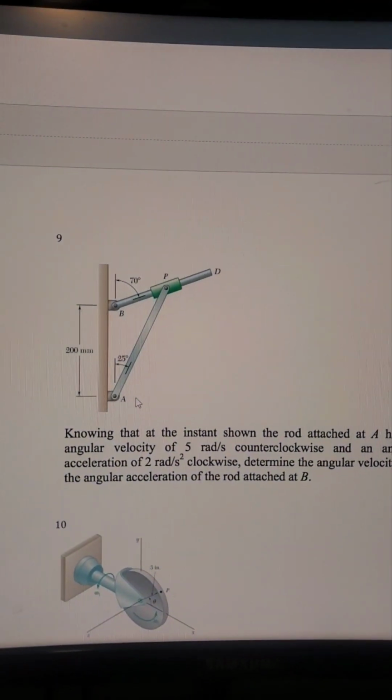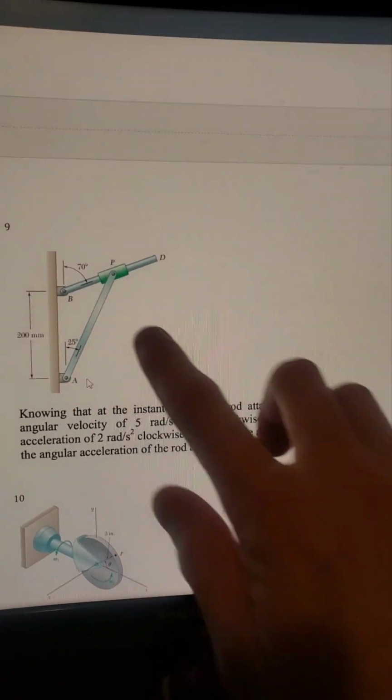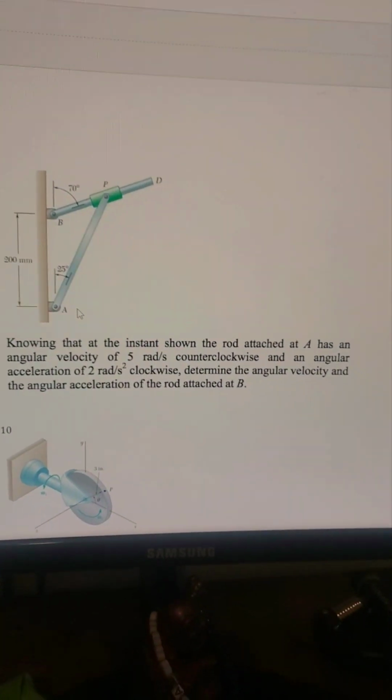So for 9, this was the bar on the slider, but the slider is in the y and z directions, so we can't just put it into the equation, separate it by i and j, and then solve for the zero equation.